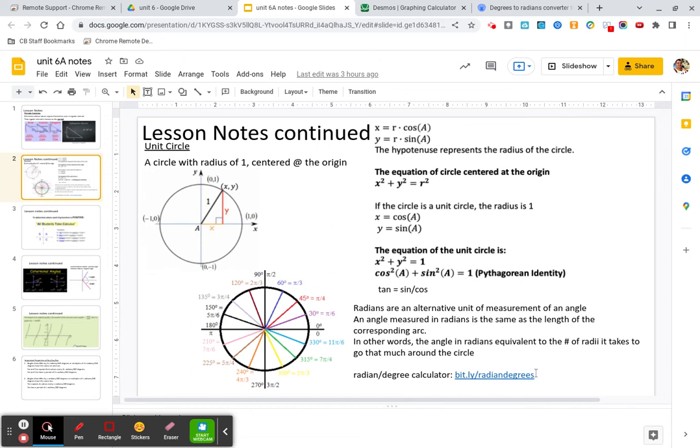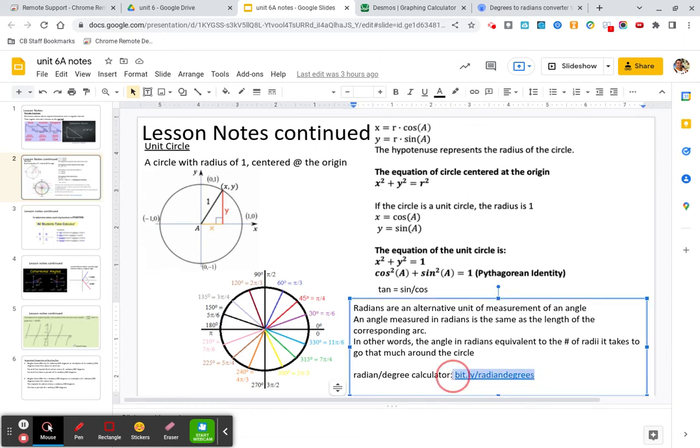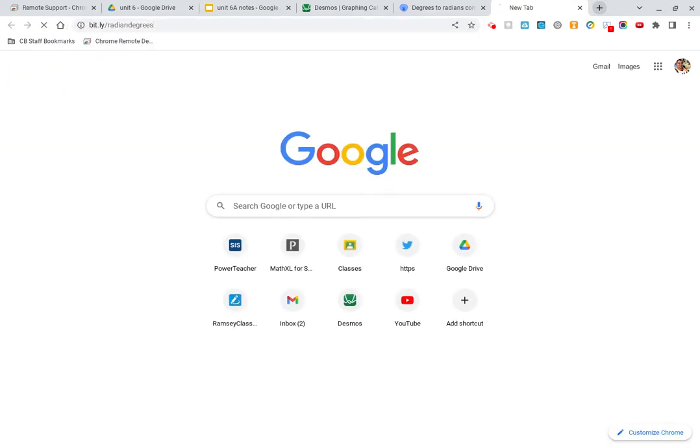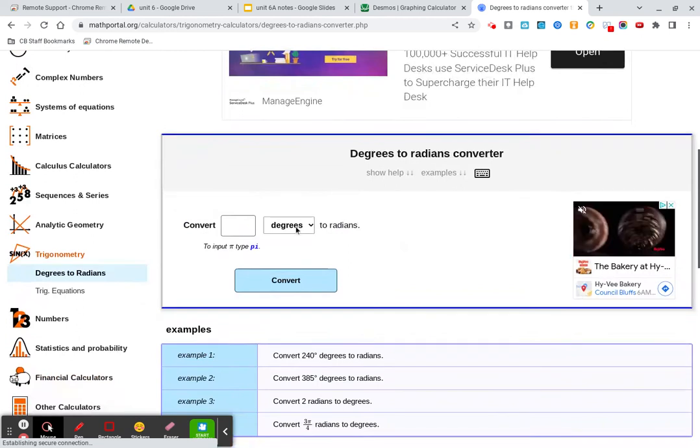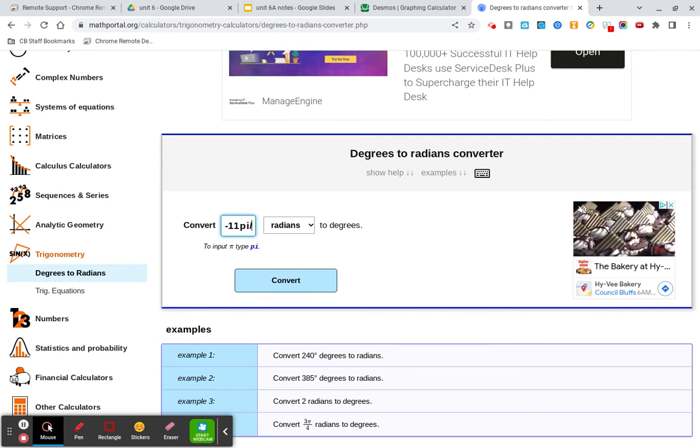So I'm going to go to this radian degree calculator that I told you about earlier. Again, just enter this URL into a website and it will load a radians to degree calculator for you. We want to convert from radians to degrees, so I'm going to switch that, and I want negative 11 pi over 3.